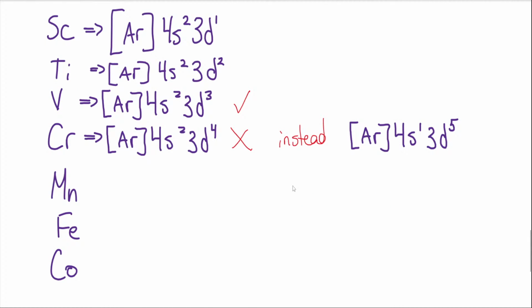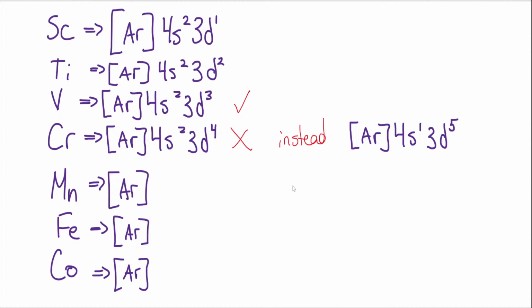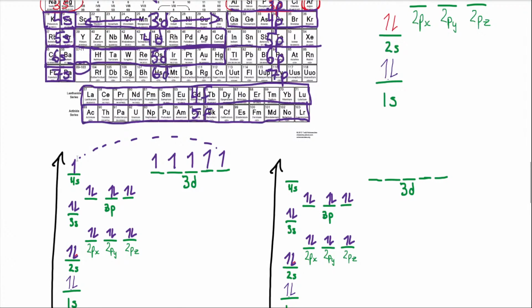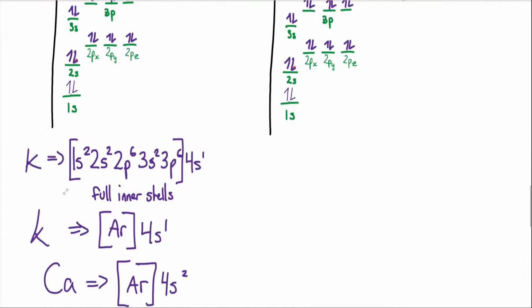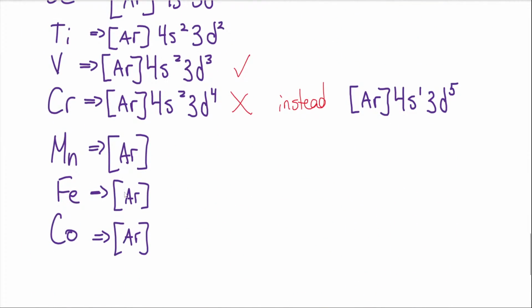So let's do manganese. Where does the next electron go? Yeah, right? What would you rather do? Would you rather have a full and a half-filled, or a disrupted from half-filled and a half-filled, right? Like the first one's way better. Okay. So yeah, it fills up the 4s again, and then what?